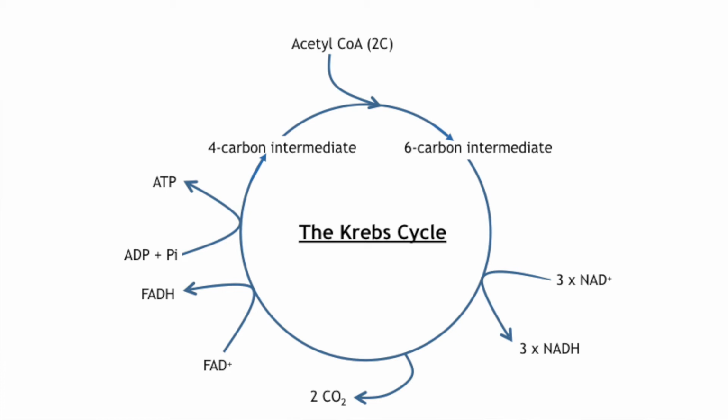So now in effect we've really broken down all of the glucose. It's now been split down into carbon dioxide and hydrogen. Okay, because that hydrogen is now being carried by those coenzymes FAD and NAD, and that's their role.